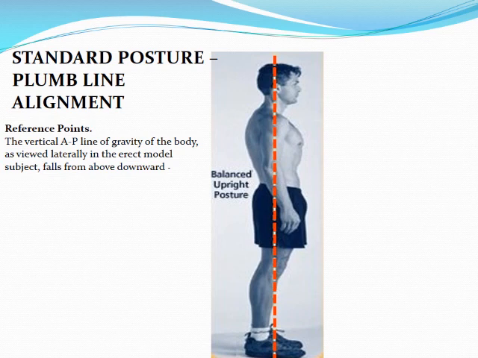Then the line of gravity passes behind the axis of the hip joint, then anterior to the knee joint axis, then anterior to the lateral malleolus.